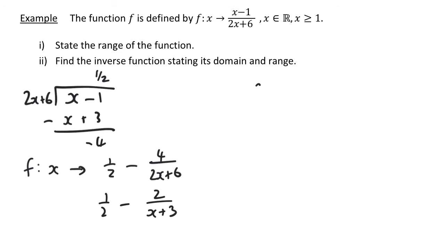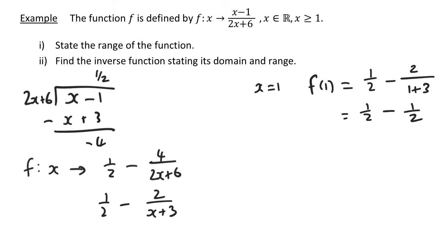Now when x is equal to 1, let's investigate what happens to f of 1. We'll see that's going to be a half minus 2 over (1 plus 3), which is a half minus a half. 1 plus 3 is 4, 2 over 4 is a half, which is 0. So when x equals 1, f of 1 is 0.